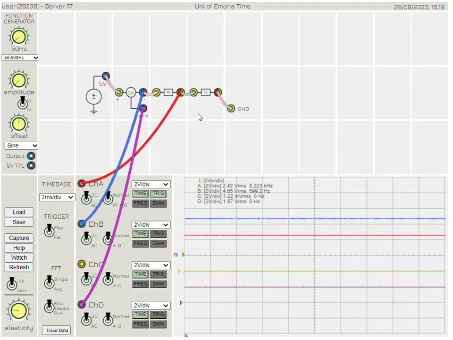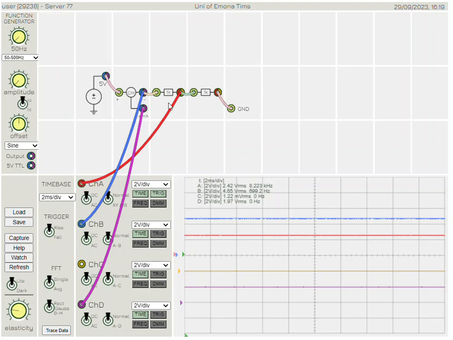Now we have 2.22 volts divided by 1.97 milliamps equals, let me get my calculator, 2.22 divided by 1.97 equals 1,127 ohms.